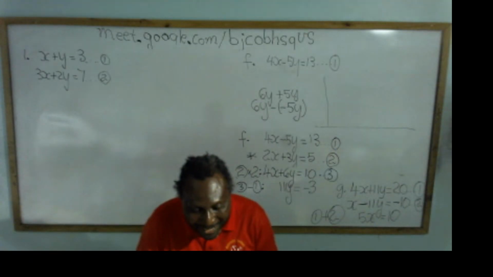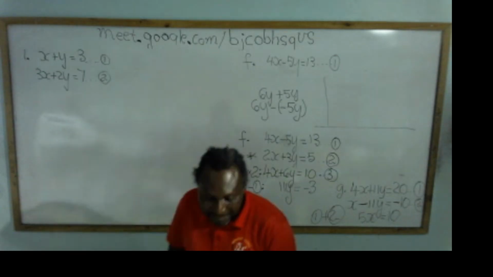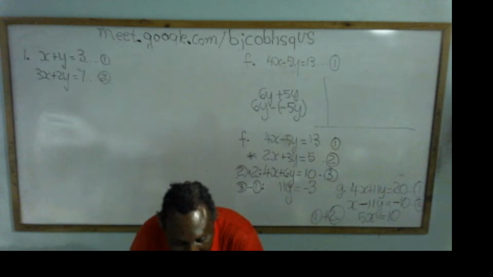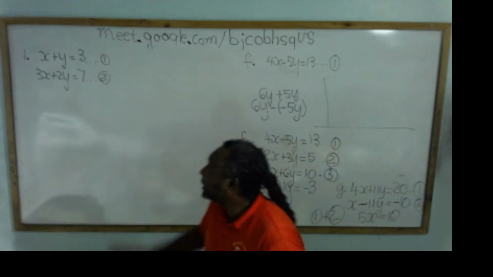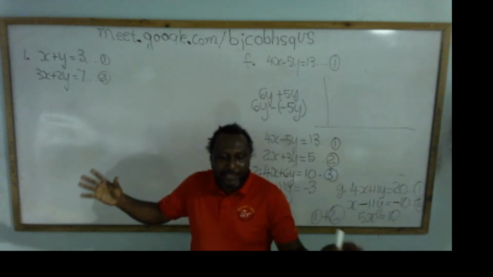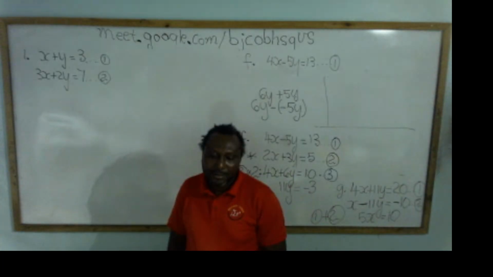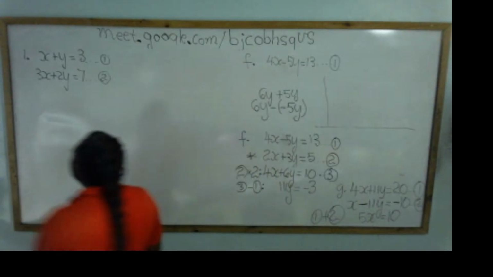Do we multiply by 3 or by 2? Go for y. All right. Use 2. Although there's no big disparity, you'll be using a smaller number. But let's do it. It's nice.